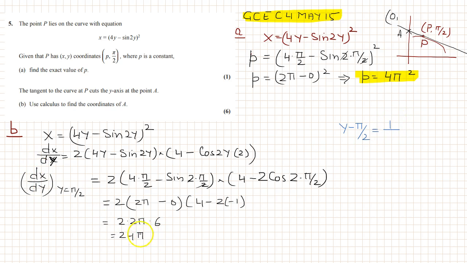Dx over dy is 24 pi, so this is 1 over 24 pi, x minus x1. So x1 is 4 pi square.